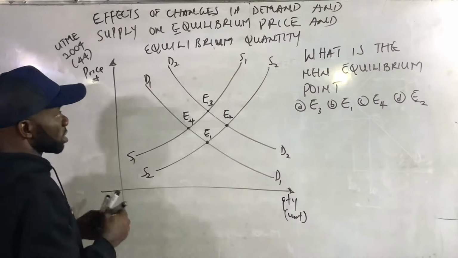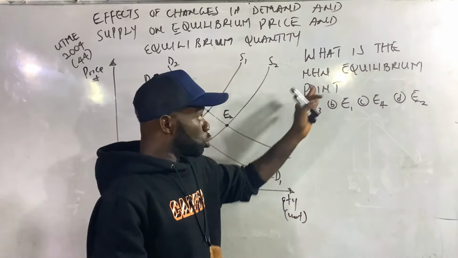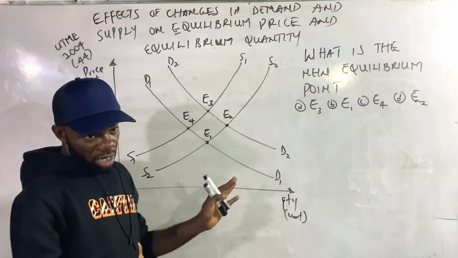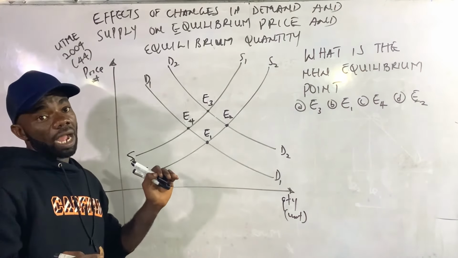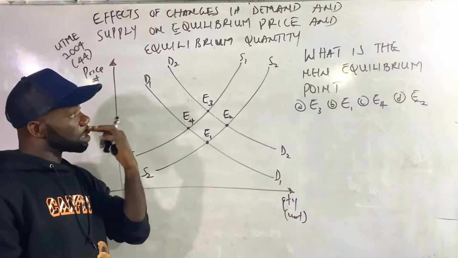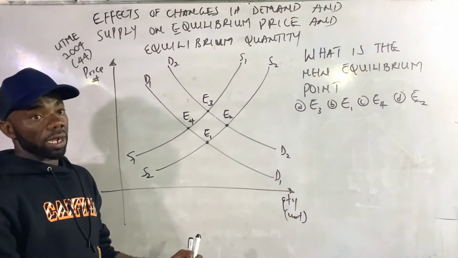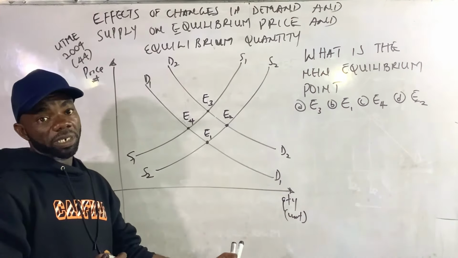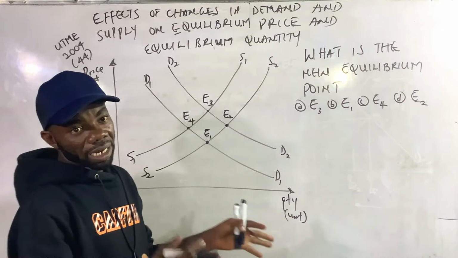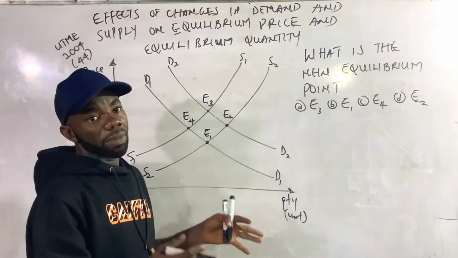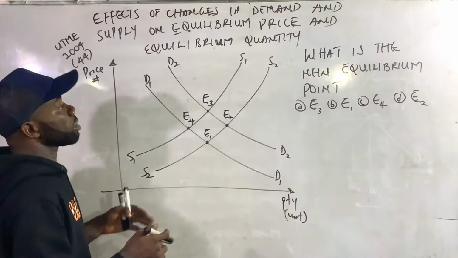But this question says, what is the new equilibrium point? And over time treating this topic, we have always told you that when you have an old demand curve and a new supply curve, they can't make up the new equilibrium point. So it is the latest demand and supply curve that makes up the new equilibrium point.